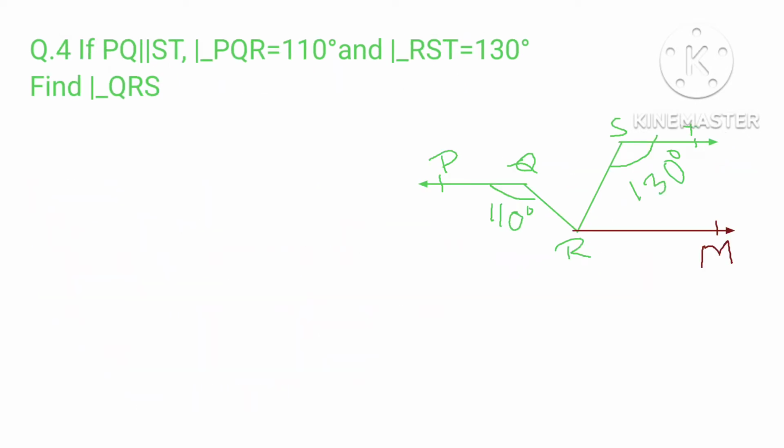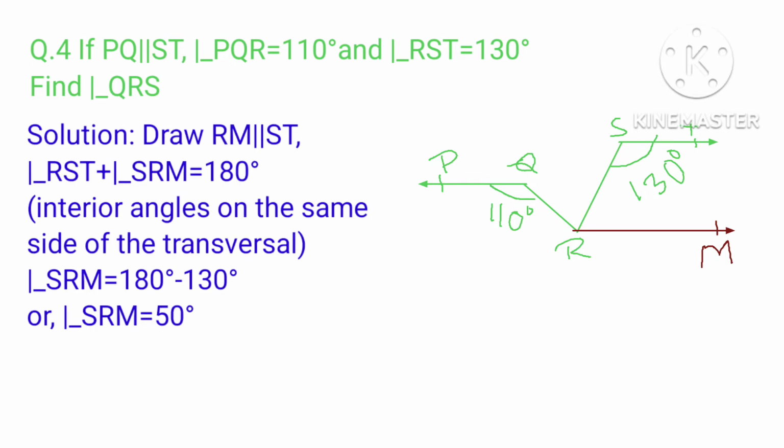Question number 4. If PQ parallel ST and angle PQR is equal to 110 degree and angle RST is equal to 130 degree, find angle QRS. Solution.